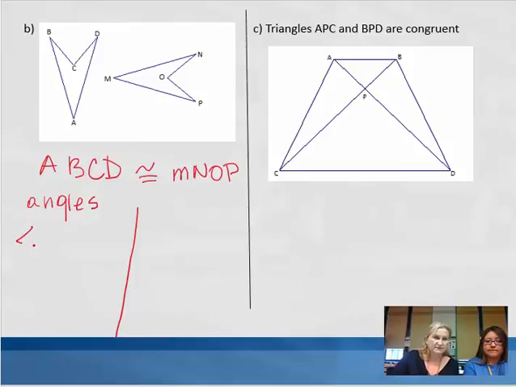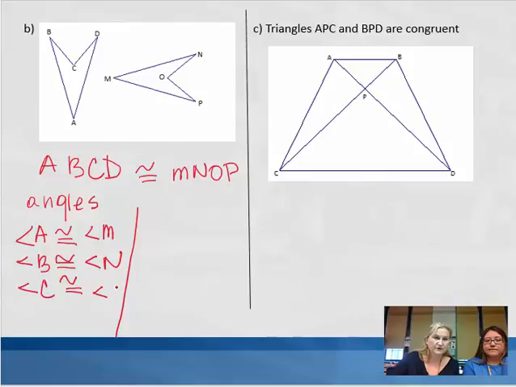Okay, so angle A corresponds to and is congruent to angle M. Angle B corresponds to and is congruent to angle N. Angle C corresponds to and is congruent to angle O. And angle D corresponds to and is congruent to angle P. So also, if you notice, the name lists the angles, and it's actually very important, in the same order.